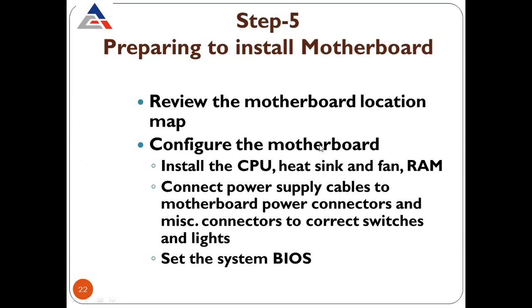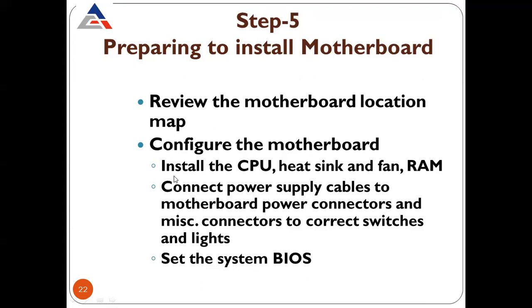First step is to check where I have to plug in the motherboard. Once that is done, you know the location. Second task is how to configure the motherboard. First, install the CPU, heatsink, fan, and RAM. Second, connect the power supply cables to the motherboard power connectors, connect the miscellaneous connectors to the correct switches and lights, and set the system BIOS.